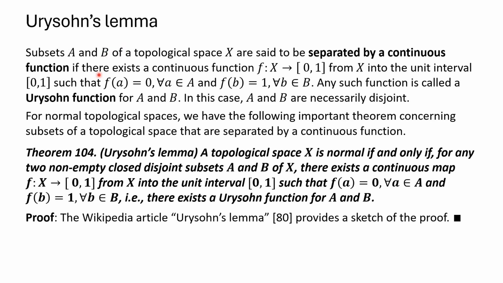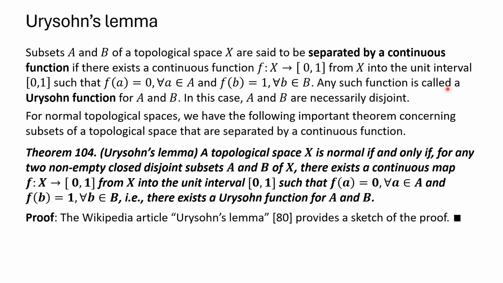Urysohn's lemma is the topic of this slide. We first need to define something called a Urysohn function. Subsets A and B of a topological space are said to be separated by a continuous function if there exists a continuous function f from X, which is our topological space, into the unit interval 0, 1, the real numbers here from 0 to 1, such that f of a equals 0 for every a in A and f of b equals 1 for every b in B, all the while f being continuous.